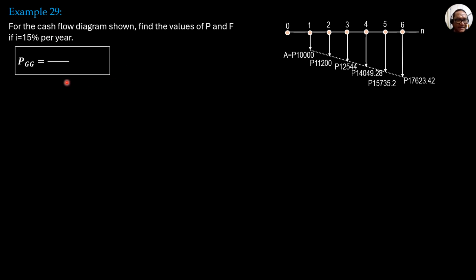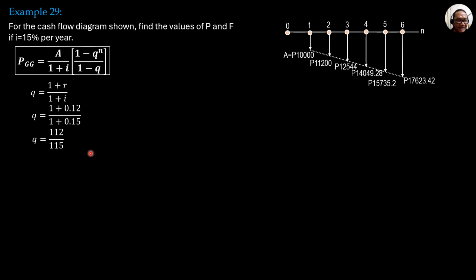So formula P sub GG, or present worth of this geometric gradient, is A over 1 plus i, then quantity 1 minus q to the n over 1 minus q, where q is equal to 1 plus r over 1 plus i. So substituting, q is 1 plus 0.12 over 1 plus 0.15, and that is equal to 112 over 115.